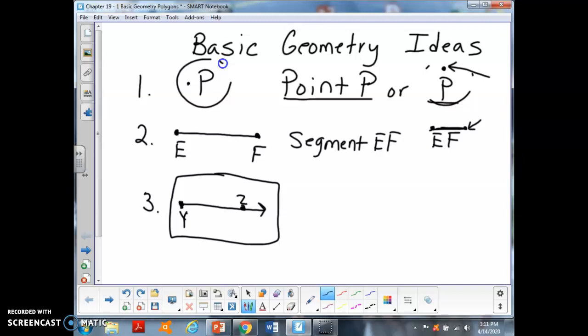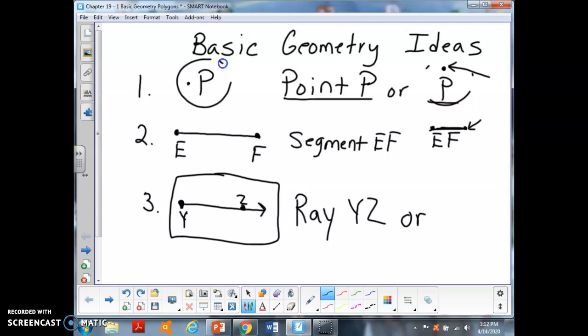We call that a ray. One side goes on and on. How do we label that? First in words, we write ray, and we begin with the endpoint. Y has the endpoint, there's no arrow there, so we use that and then go to Z. Ray YZ, different than number 2, different than number 1.